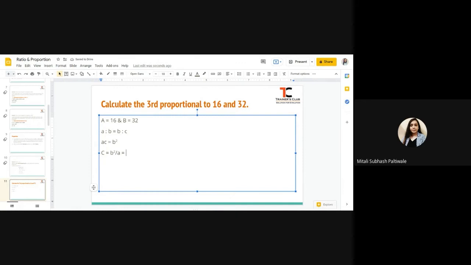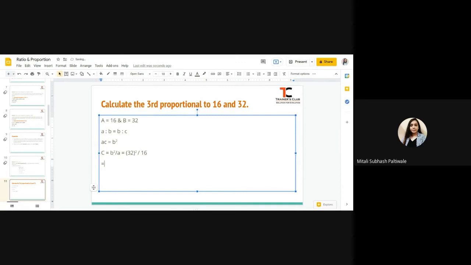B square means we have to do the square of 32, divided by A, that is 16.